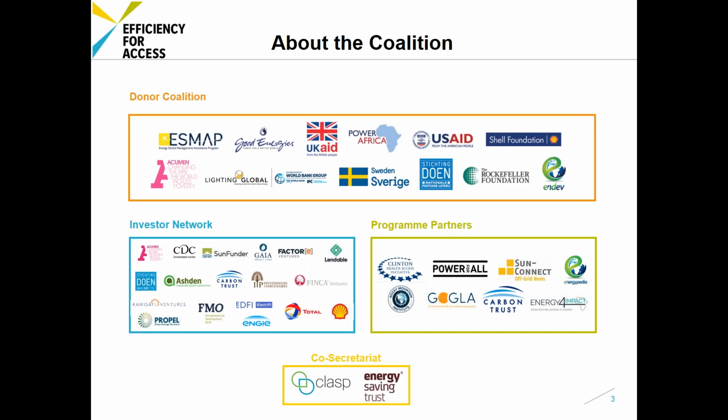So we can promote your project through the communication platforms that we have, and the Efficiency for Access Coalition has a wide reach internationally. So by promoting companies through that platform, we're helping to increase the exposure of your project and organization as a result.